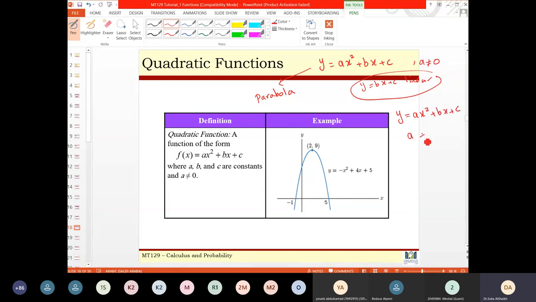If a is positive, it is going to be concave up, meaning it goes upward. If a is negative, it is going to be concave down. Concave up and concave down. Just those words are something we're going to use through the course.